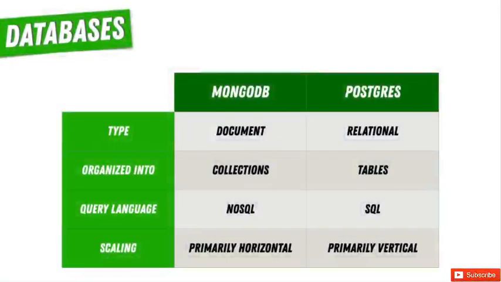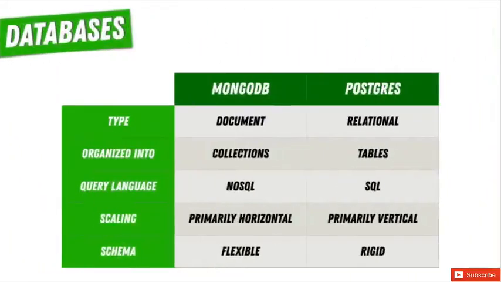Before we move on and make our decision, there's one more commonly misunderstood aspect of databases that I'd like to discuss. I'd like to add to our model here the concept of schemas. A schema defines the structure of the data that we store in our database.